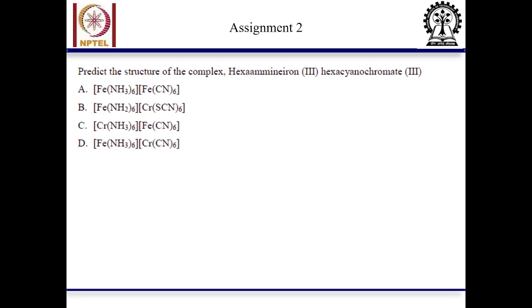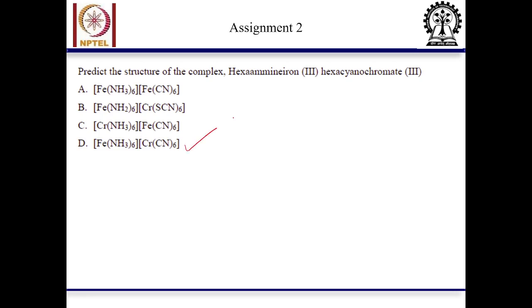D. Hexaammine third chromium cyanide third. Okay, very nice.